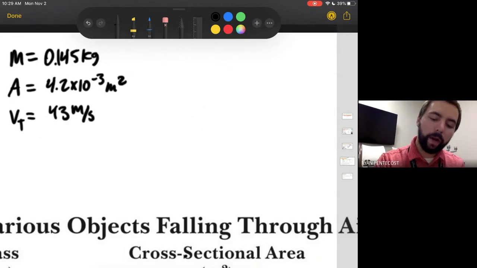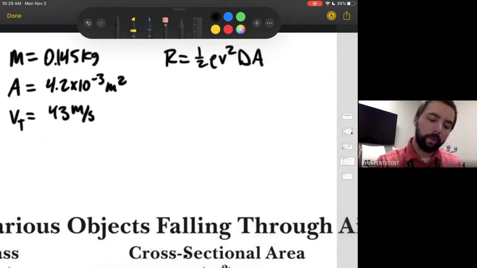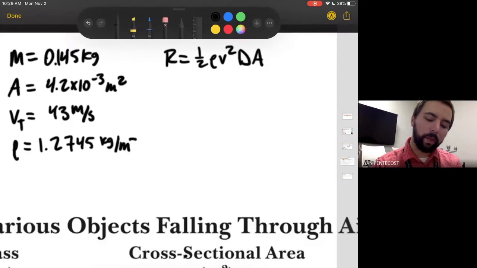If we want the drag coefficient, we're going to need an equation that has drag in it: 1/2 rho v squared dA. We have the mass, but mass isn't even in that equation, so I don't know how helpful that is. We do have rho from our last slide, 1.2745 kilograms per cubic meter.